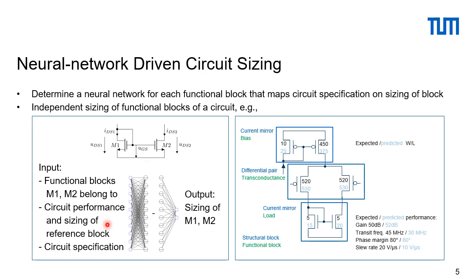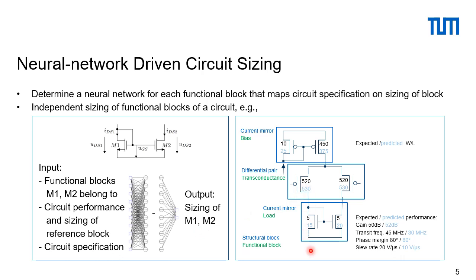We have also created a reference sizing with respective performance, which we also put as an input here, and of course the circuit specification. And then in the end, if you want to design some op-amp and there is a current mirror in that, depending on the circuit specification, the neural network tells you, this is the sizing of the 2 transistors that you should use.